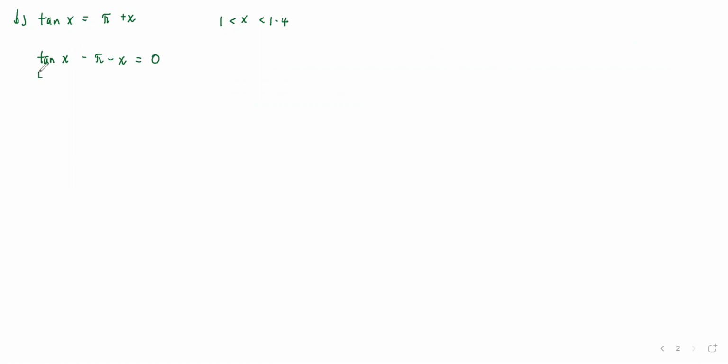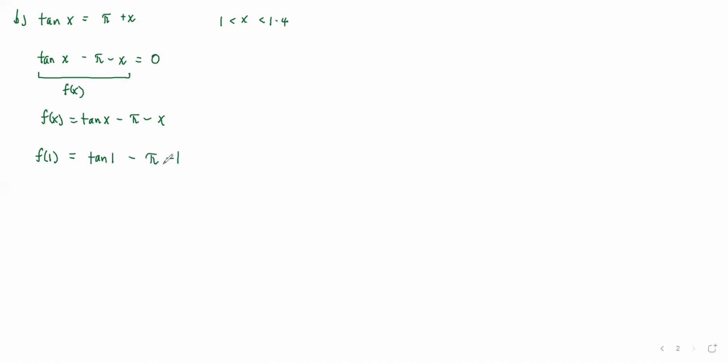Then we can set this to be f of x, so that f of x is tangent x minus pi minus x. What we need to show is that f of x has a 0 in the interval from 1 to 1.4. We need to find the value of f at 1. That is tangent 1 minus pi minus 1.